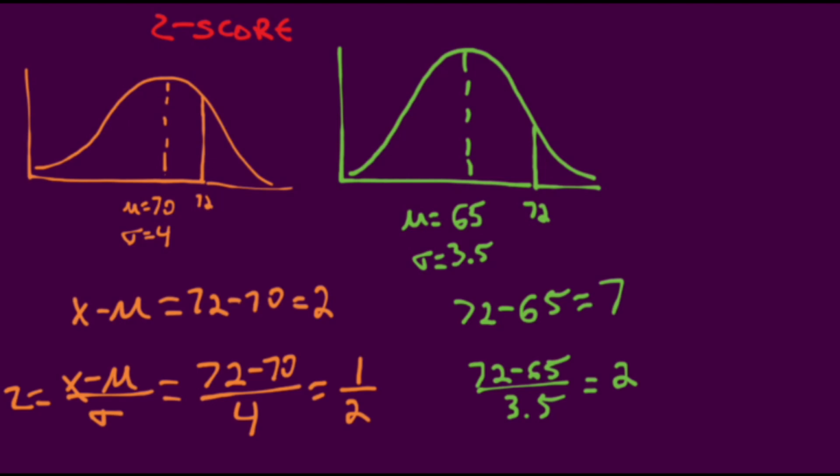Now, I said we'd talk a little bit more about why that standard deviation is so important. Perhaps we could find a population where the distribution was very tight. So maybe this would be swimmers.